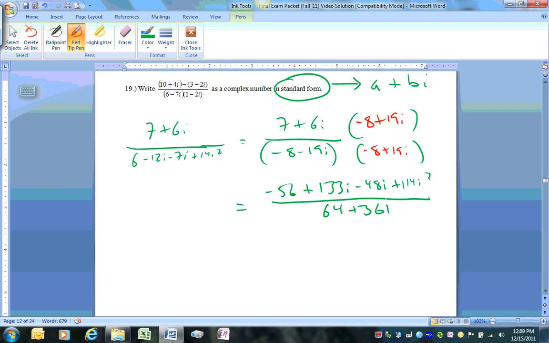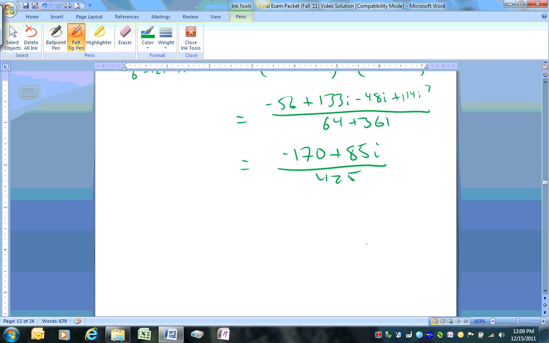When you do the outside and inside terms for the denominator, obviously they'll cancel, so I don't have to worry about I there anymore. So you should get negative 170, because 114i squared is negative 114, because I squared is negative 1, plus 85i over 425. I promise you the numbers will be a lot nicer on the final exam.